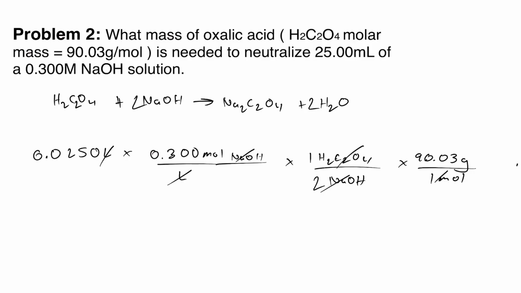Now when you plug all this into a calculator, your final answer is going to be 0.3376 grams, or 0.338 grams rounded. Thank you for watching. I hope this video helped.